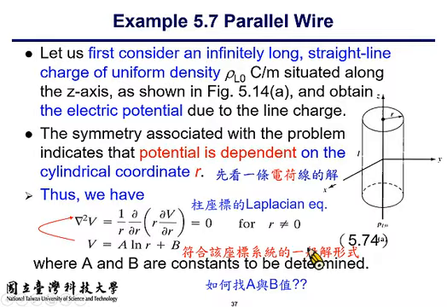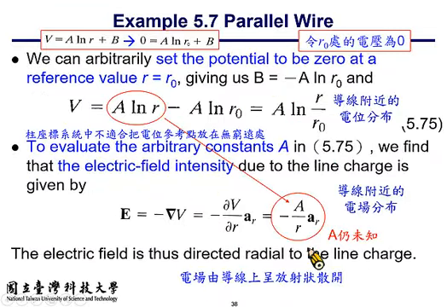So how do we derive A and B? Well, we can apply the so-called boundary condition. Say there is a position, R sub 0, and we define that the potential at R sub 0 is 0, which you can say is the voltage reference. So R sub 0 is the position for the zero voltage reference.